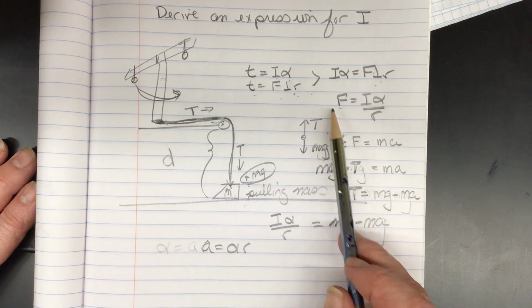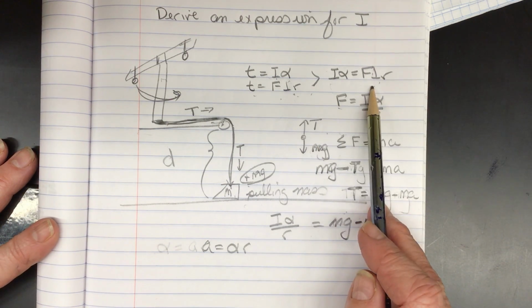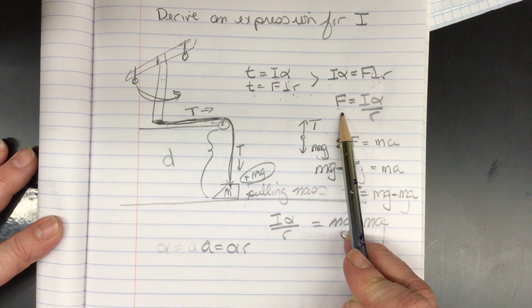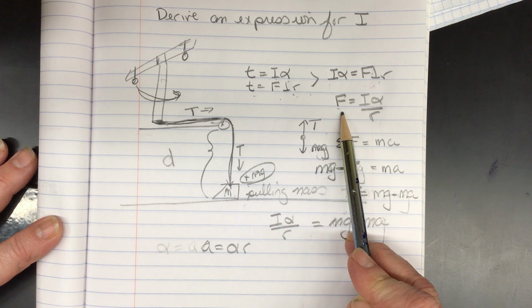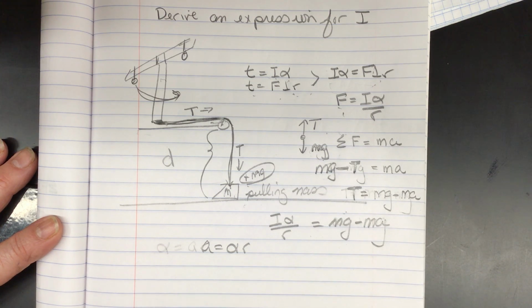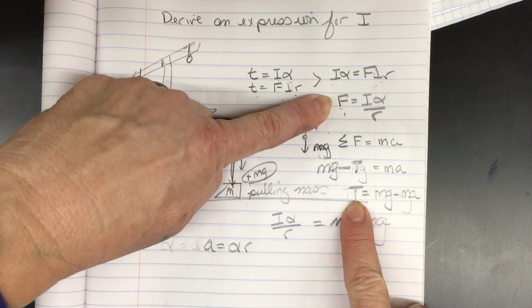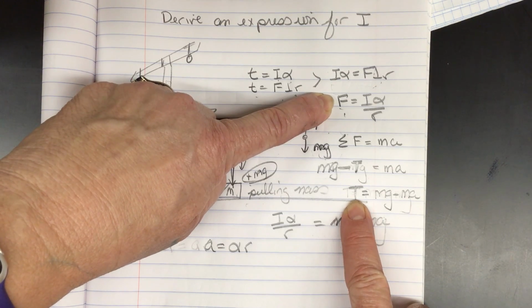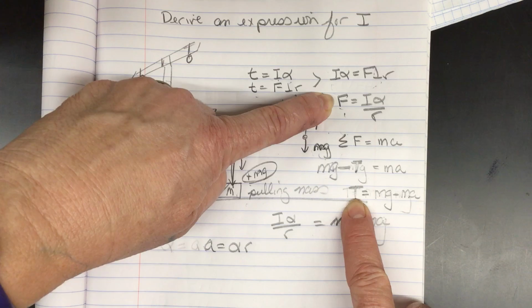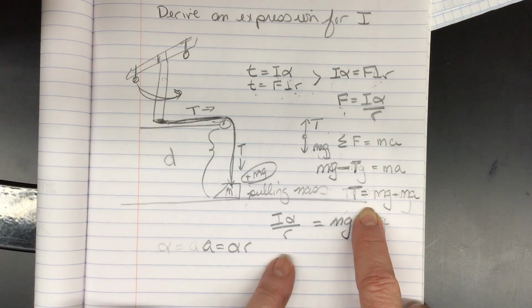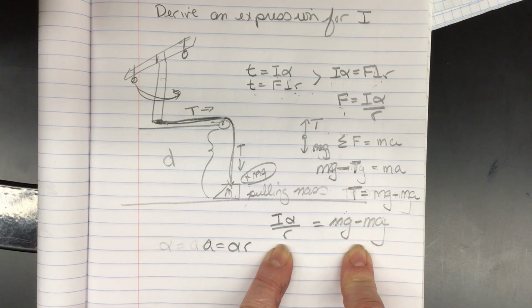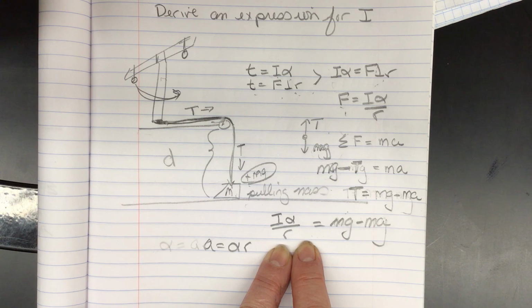So I've rearranged the two formulas. Here I've set them equal to one another, and I've rearranged for force. And this is the force that the tension of the string provides. So we can combine these now, right? Now we can say that the tension, which is really the force for rotation, is equal to moment of inertia times the acceleration divided by the radius.